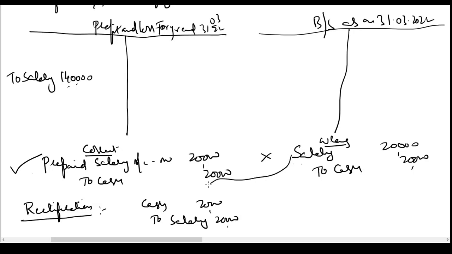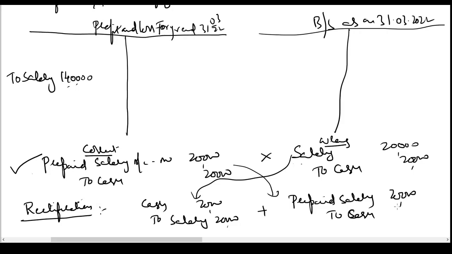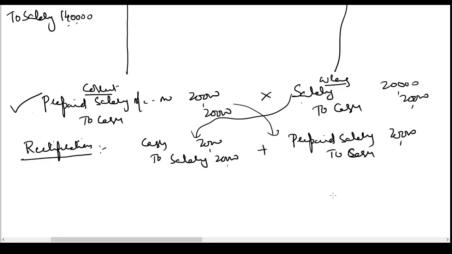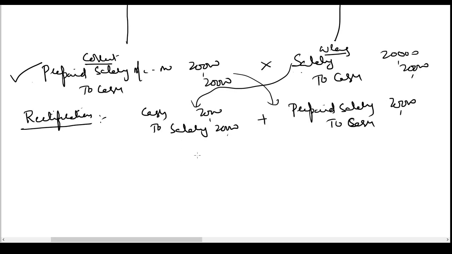So this entry is reversed here, plus the correct entry. You have to pass the correct entry as well. Prepaid salary to cash 20,000.